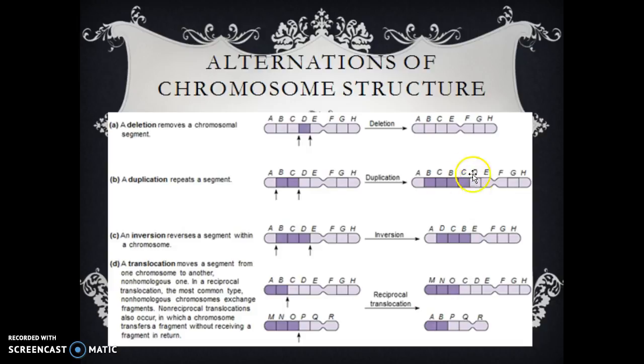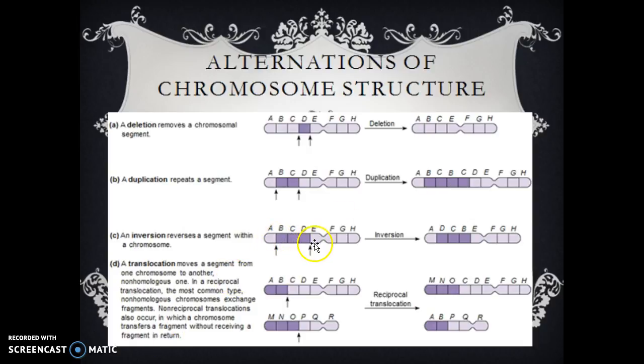Keep in mind that there are some sections of DNA that are not used in a gene, so this potentially could be okay. Same with the deletion, provided that they do not occur within a functional unit of DNA.